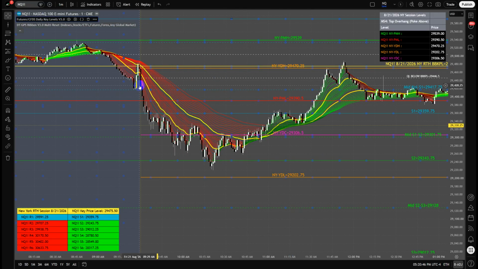Now this candle here closed at 29,426. We do get a nice move all the way down to our S2 level.